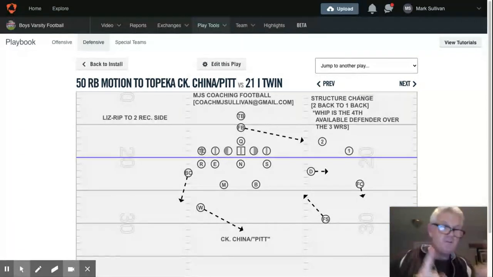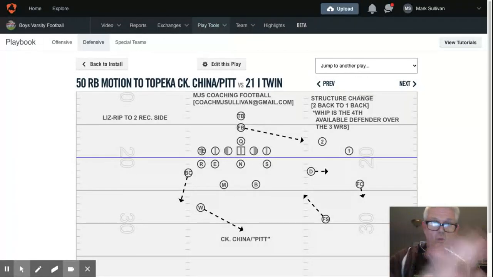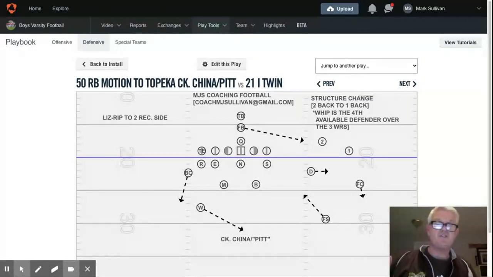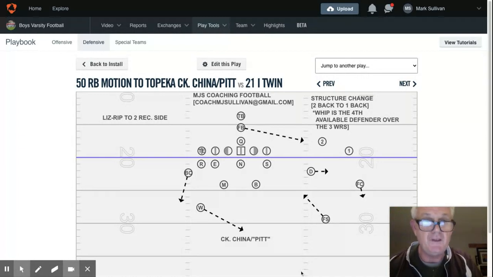Toledo's 3 wide, Topeka's 3 wide. China Pit, one adjustment, keeps it simple for our players. Again, the whip has 3 vertical. China is the tag for our dime or outside linebacker to be an outside shade of 2, and he's no longer abiding by the 5 yards from the tackle, toes on heels of the DN. That's gone when we make the China call.